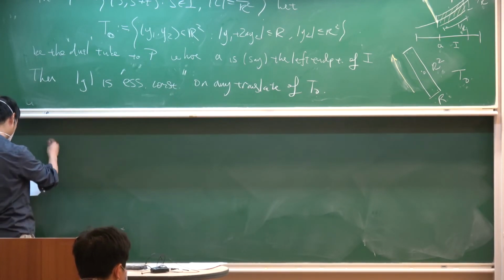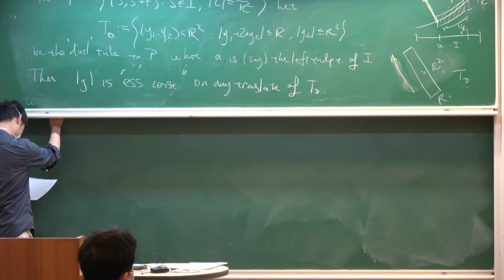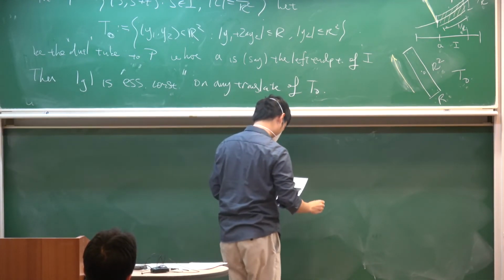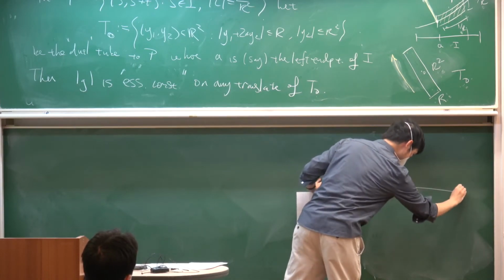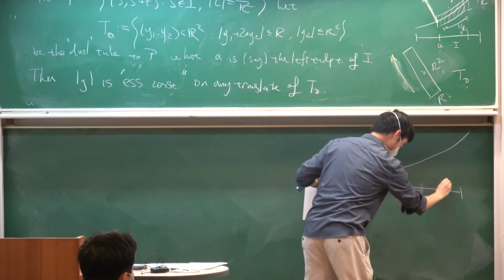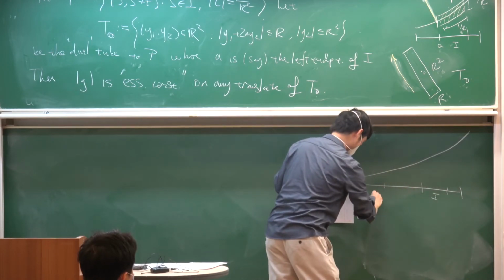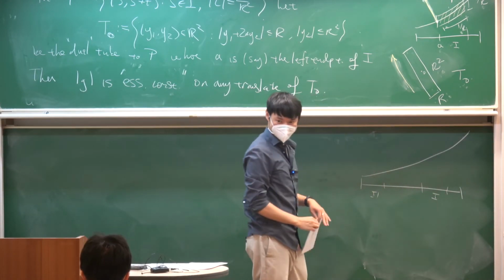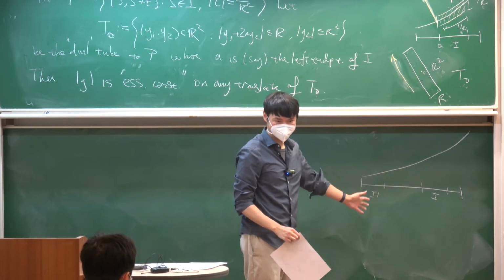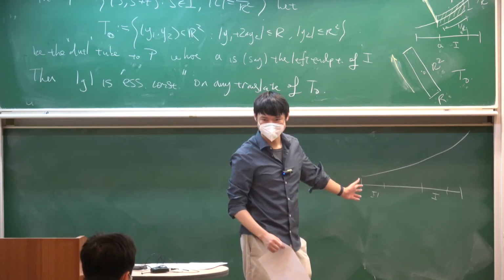Okay, so let's draw a picture. Here's I prime. We're not even going to bother to translate I prime to be at the origin, but the picture stays the same.